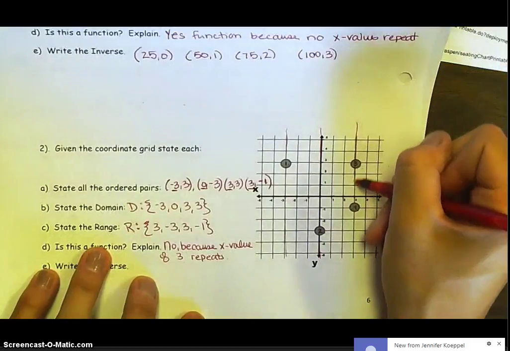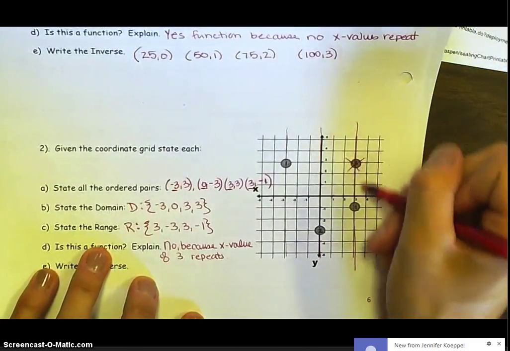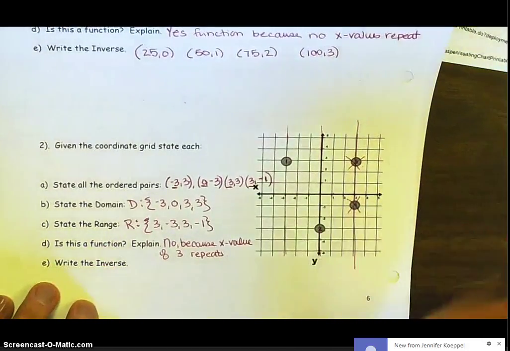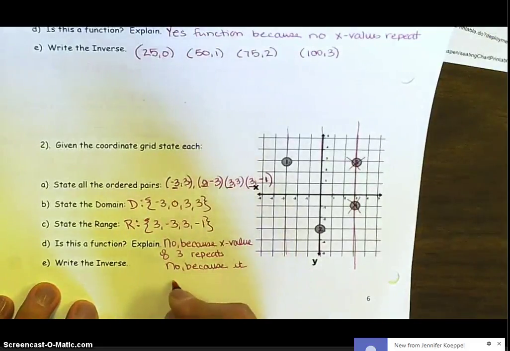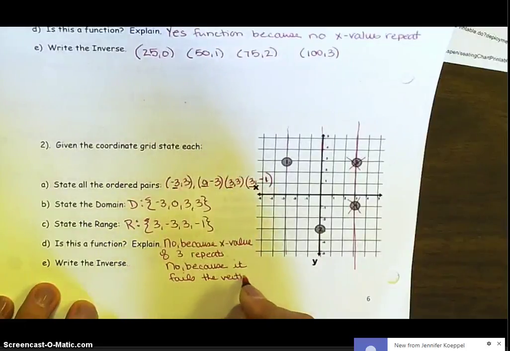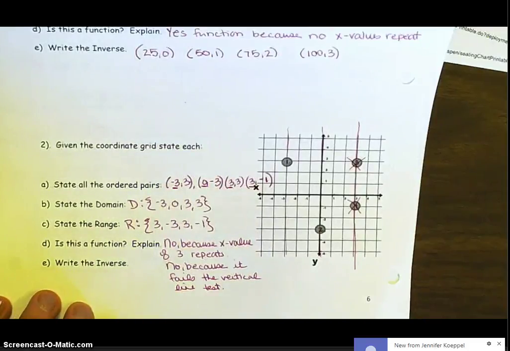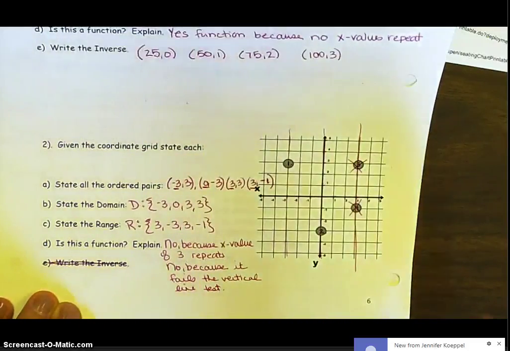If I draw a line here, it touches once, twice. So we could also write no because it fails the vertical line test. So that would be another way that you could test it. Okay, we're going to go ahead and cross off E.